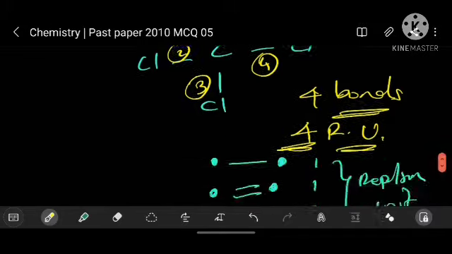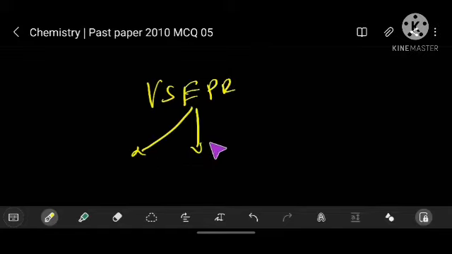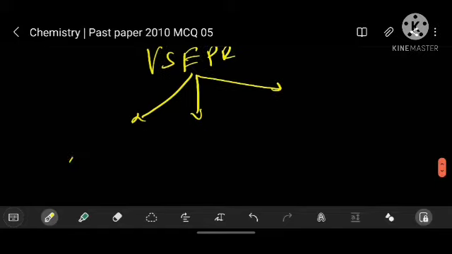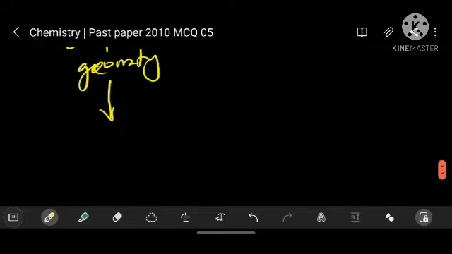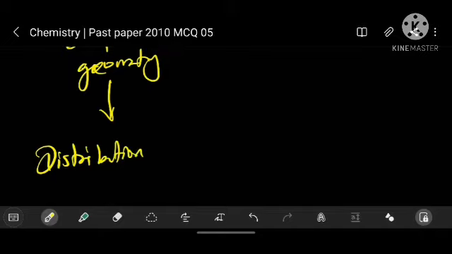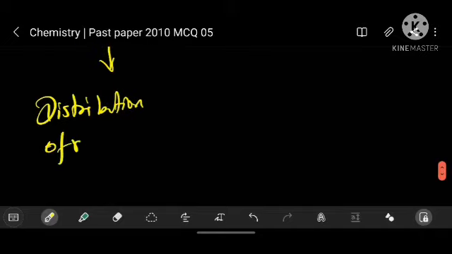Under this VSEPR theory, we have three things to note down. The first one is the electron pair geometry. This geometry is about the distribution of repulsion units. We spoke about the repulsion unit: it is the one which repels, that is, electrons.